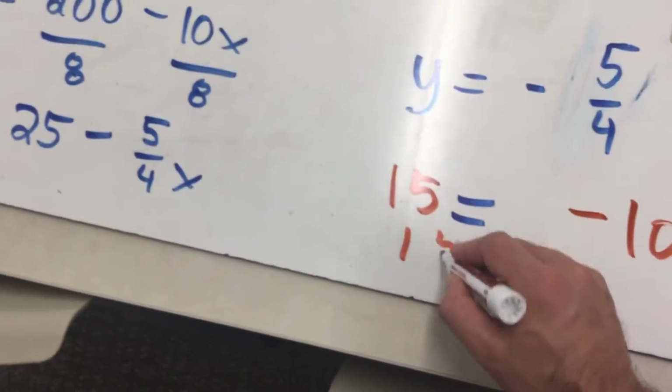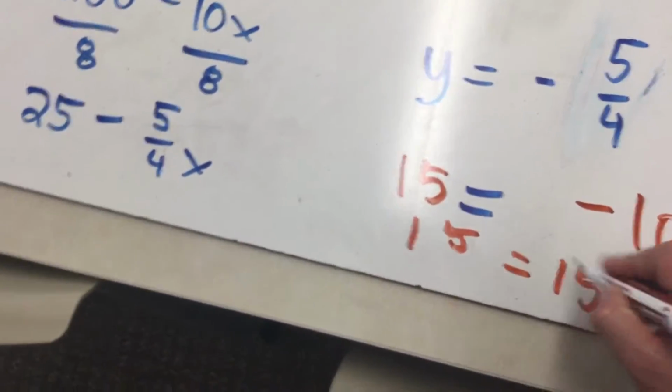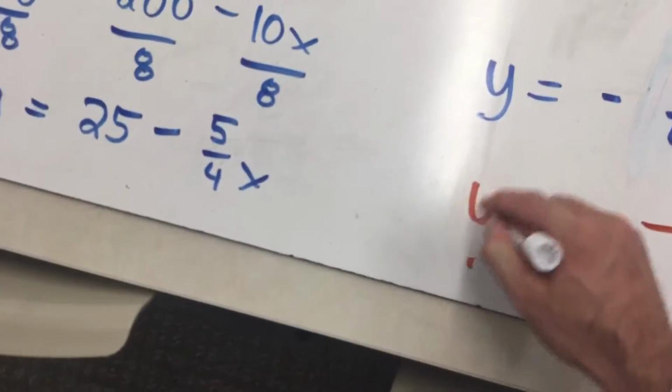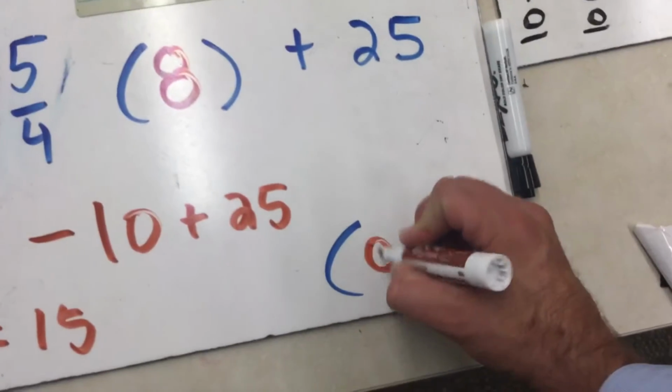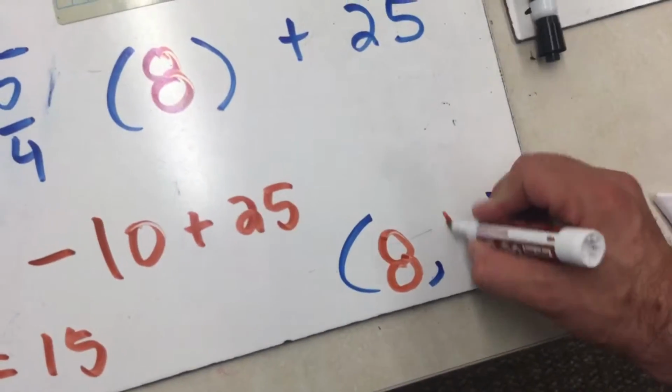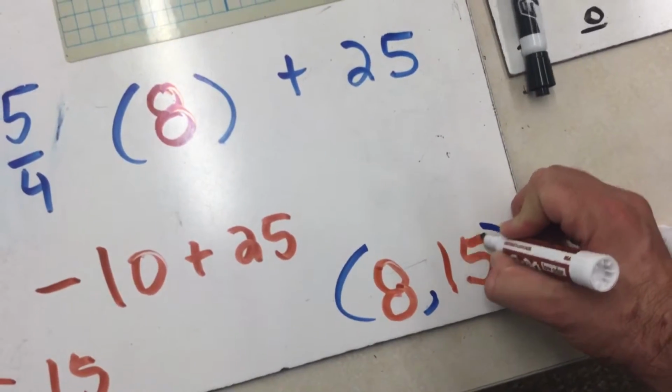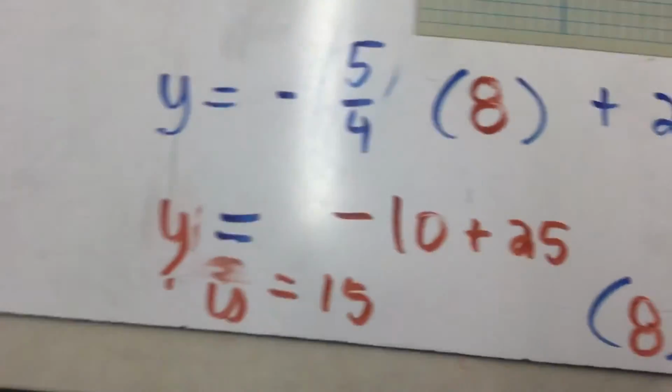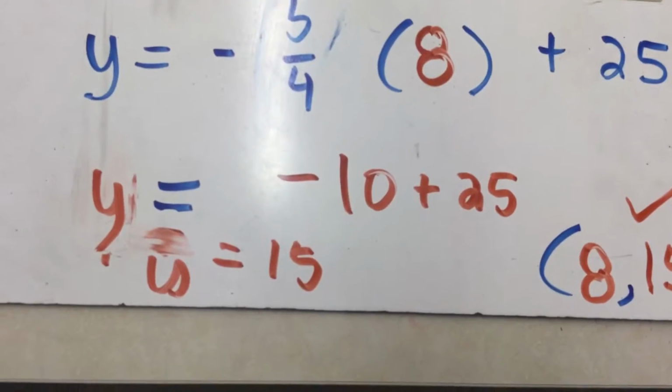So y equals 15. Sorry, that's what that should have been. So really what I have is, if she works 8 hours as a hostess, she would work 15 hours as a server. There's another combination. So you can use your knowledge of slope-intercept form to do that.